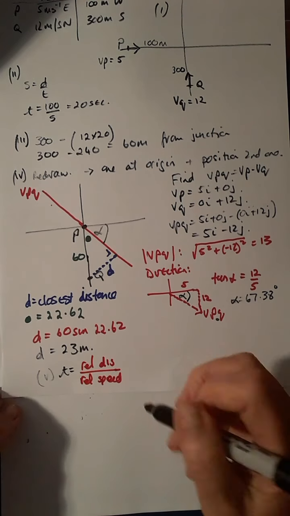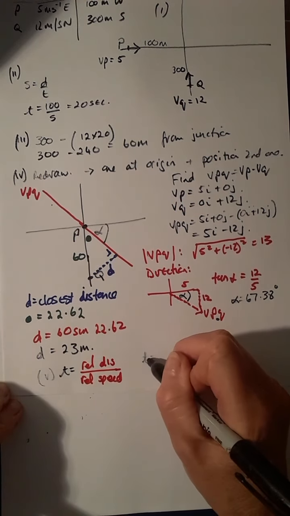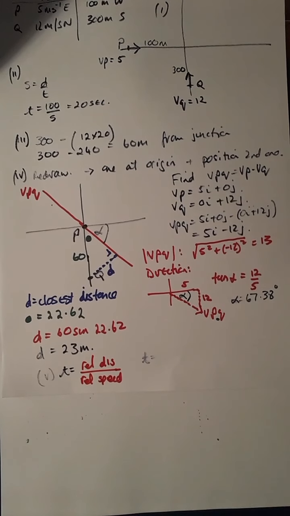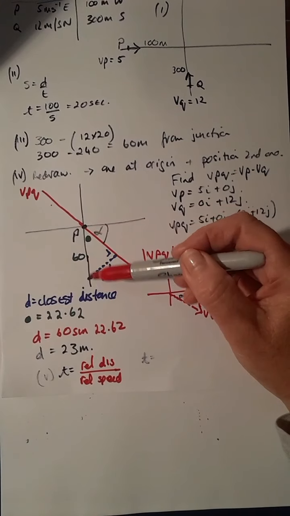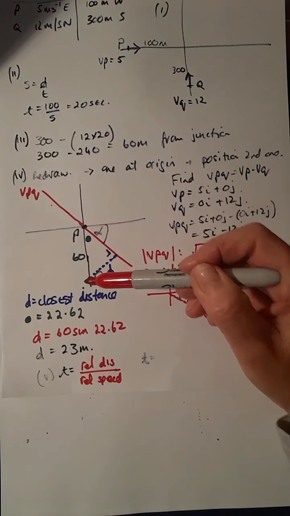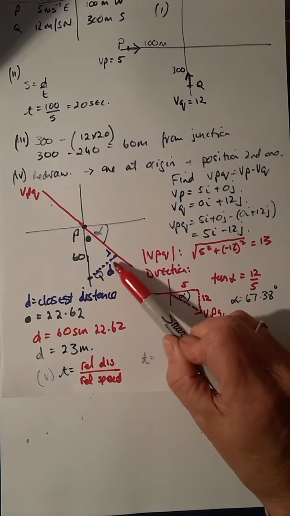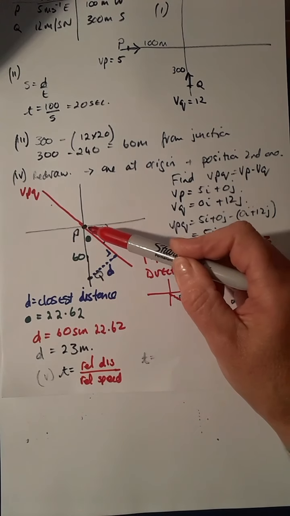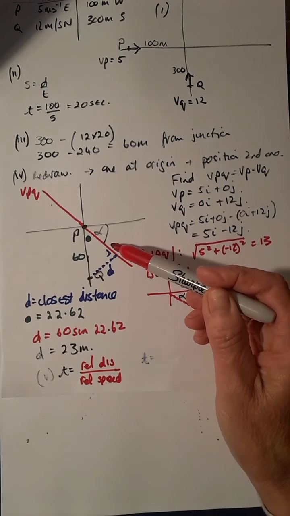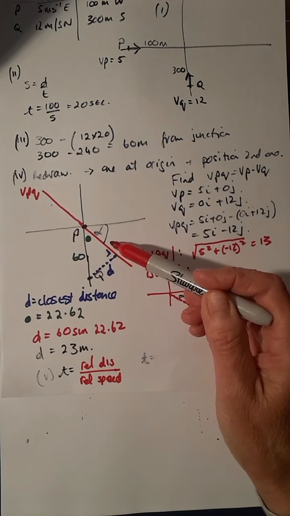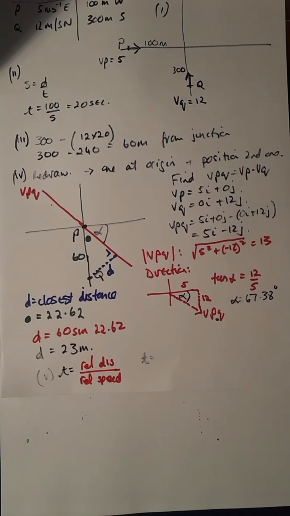So the time for this to happen then is, now the relative distance will be the distance on the red line. If we look at this triangle here, the hypotenuse is 60. I now know that D is 23 metres. So using this little right angle here, I can find this side using Pythagoras. 60 squared minus 23 squared, and getting the square root of that gives me 55.42.